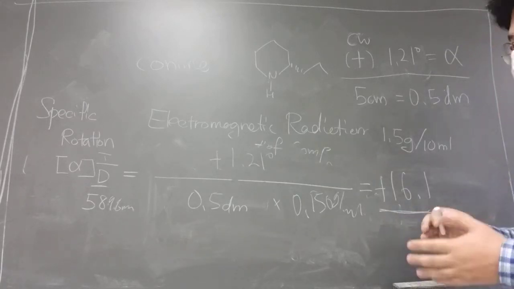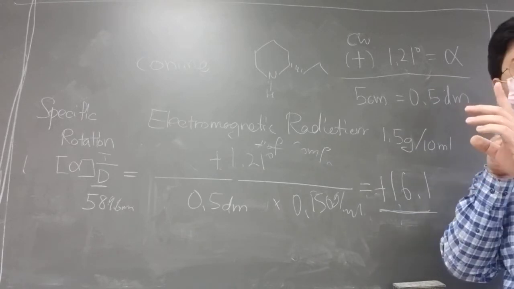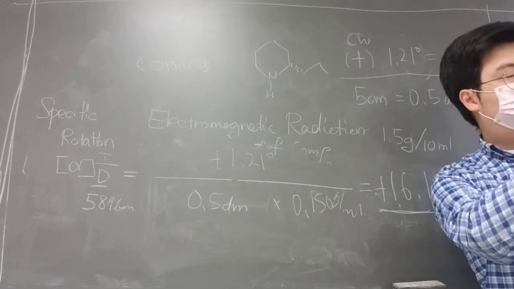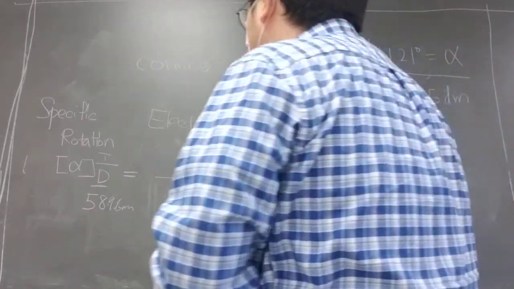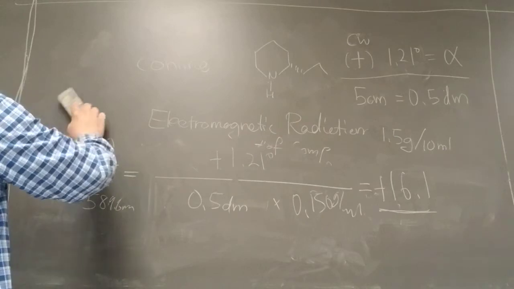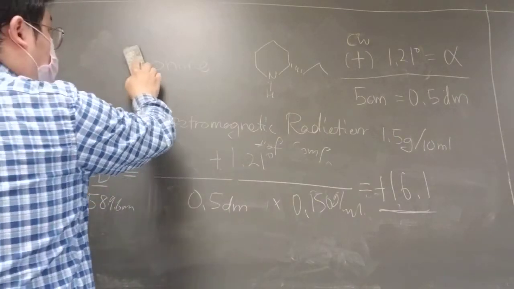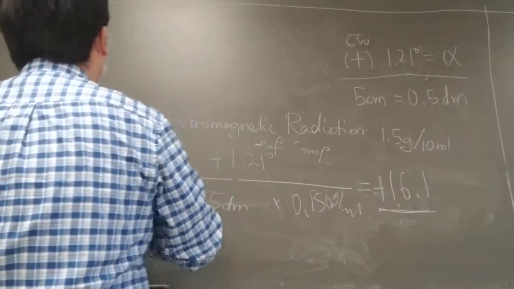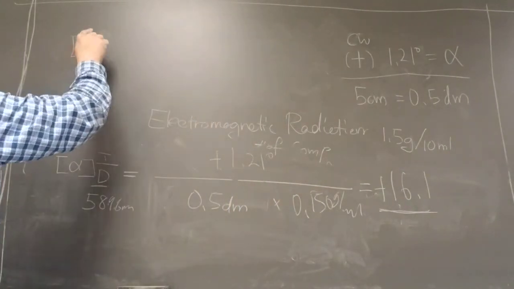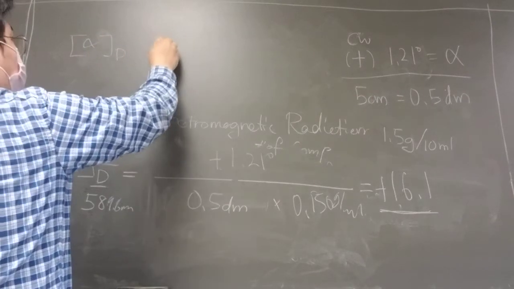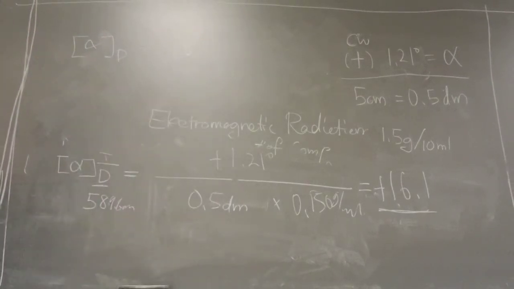Dextro. So it means whenever light goes through this sample, it will rotate to the right, clockwise. Perfect. So maybe a good example for the opposite of this one would be cocaine. The specific rotation of cocaine is about -16. Okay, -16.